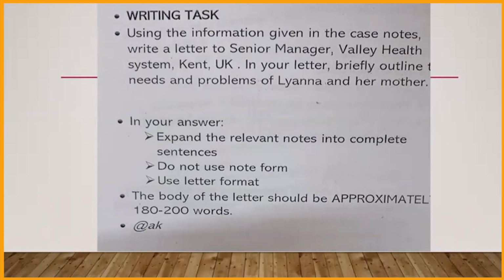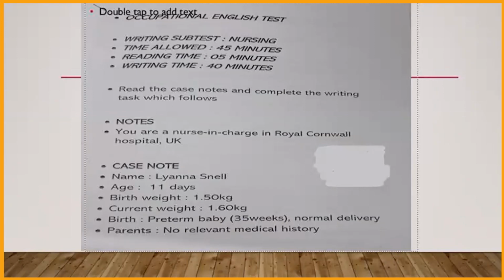Now let's look in detail. Can you read the first page, someone else? Betty, read for me, please. Read the case notes and complete the writing task which follows. You are a nurse in charge in Royal Cornwall Hospital, UK.